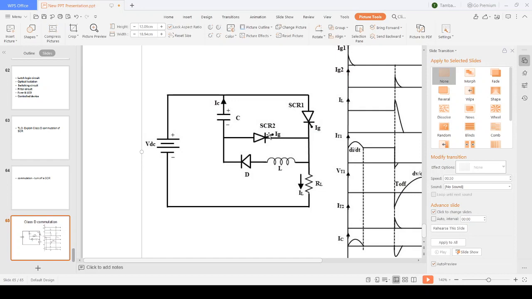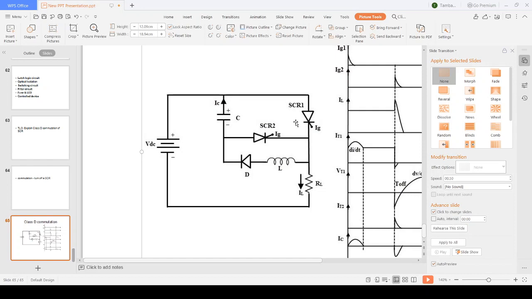Now the main thyristor SCR1 is turned off due to the reverse voltage applied across it. So this auxiliary commutation is a voltage commutation.